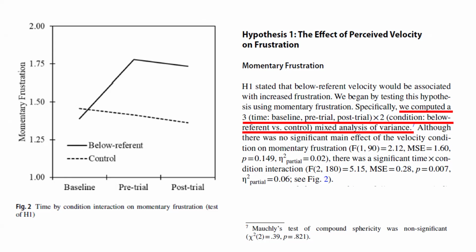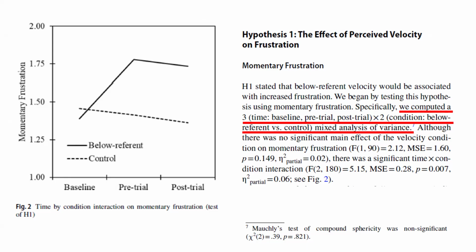Then, looking at this figure, it looks like the below referent group has higher frustration than the control group on average, but that wasn't borne out through the statistical test. We see that there was no significant main effect of the velocity condition on momentary frustration. You have an F, degrees of freedom, mean squared error, and a p-value greater than 0.05. That's not significant.